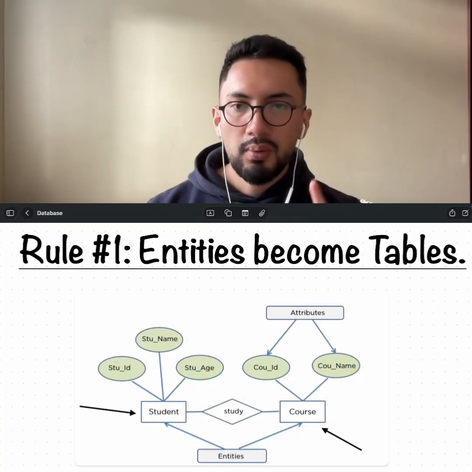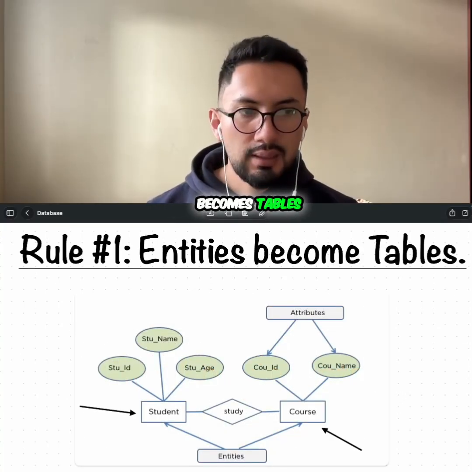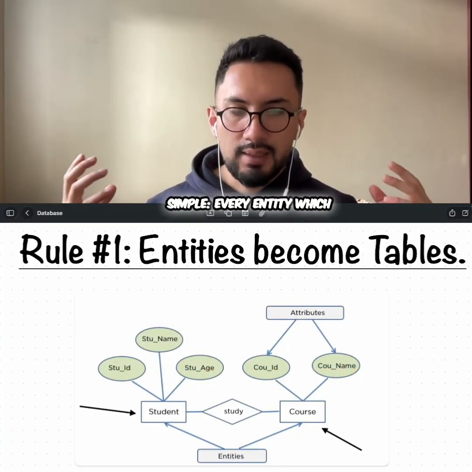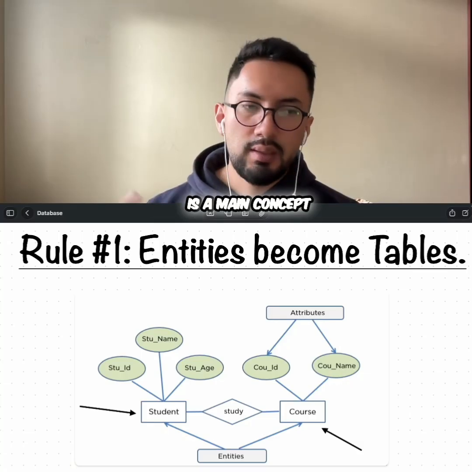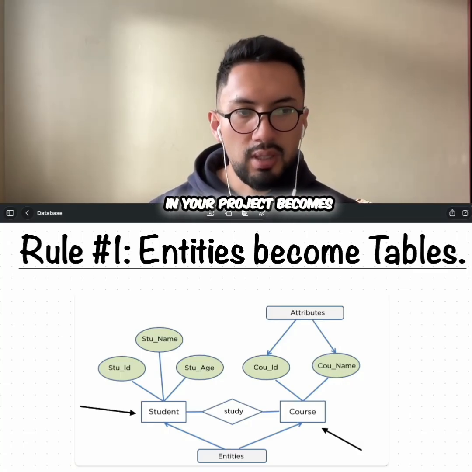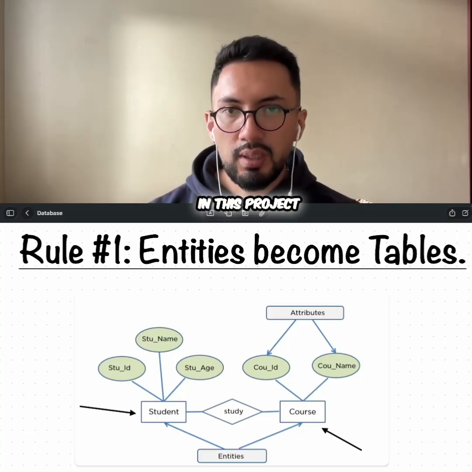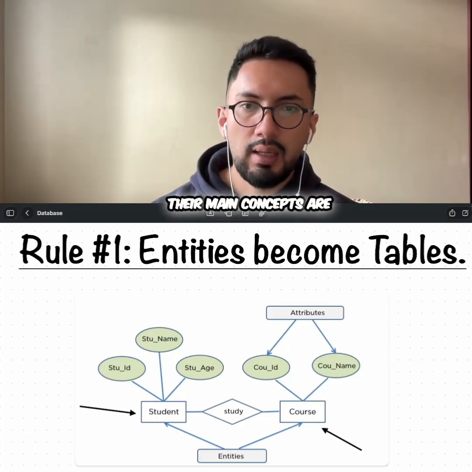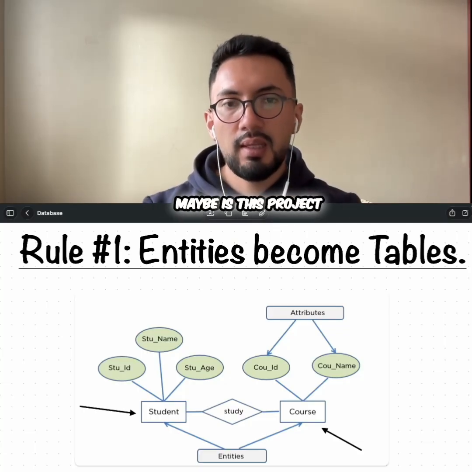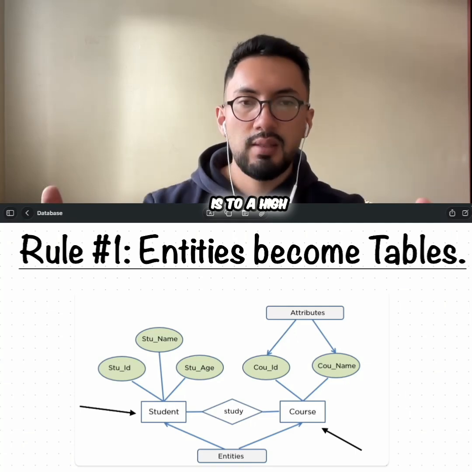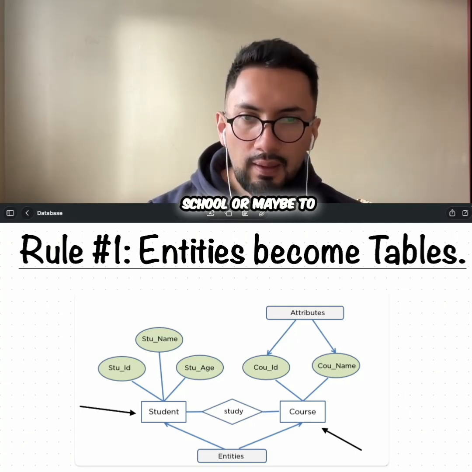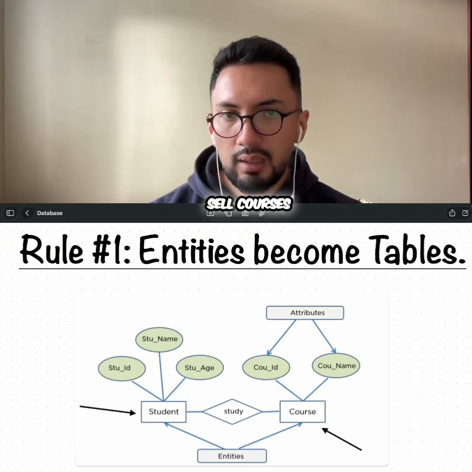Let's start. Rule number one: entities become tables. The first rule is simple. Every entity, which is a main concept in your project, becomes a table in your database. For example, in this project, the main concepts are student and course. Maybe this project is for a high school, or maybe for a web application to sell courses.